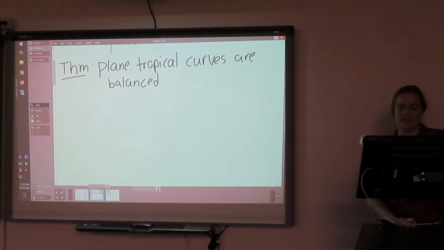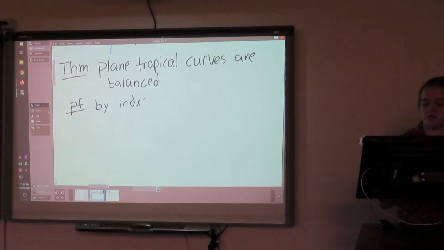So, we're going to start this proof. We're not going to do the whole thing. But this proof is by induction. So we'll start with the smallest case, which is if the Newton polygon is that small triangle.